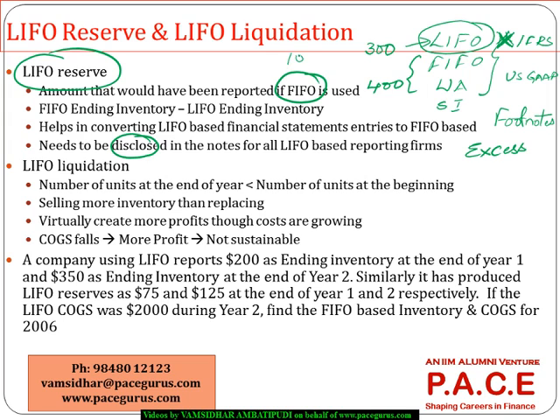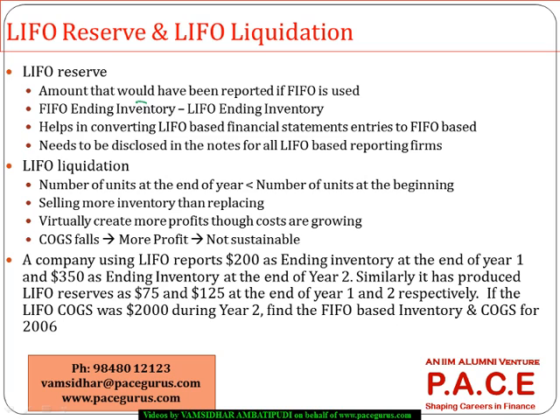Then what we are saying is it has to show 100 as a part of LIFO reserve, saying that is the excess in case the company reports the financial statements using FIFO. So that's where we say the LIFO reserve is the difference between the ending inventory reported under FIFO minus the ending inventory reported under LIFO, and it is mandatory to be reported.